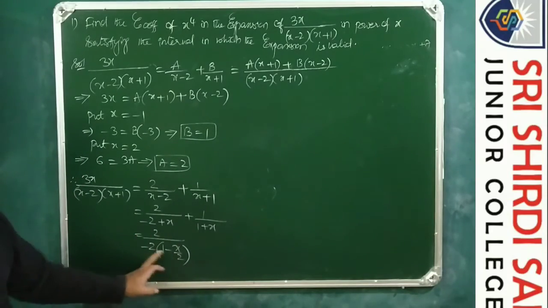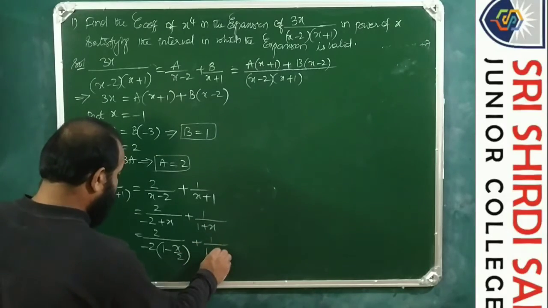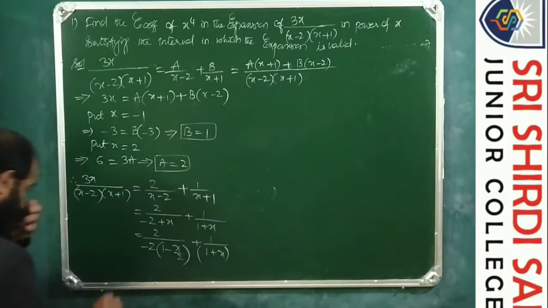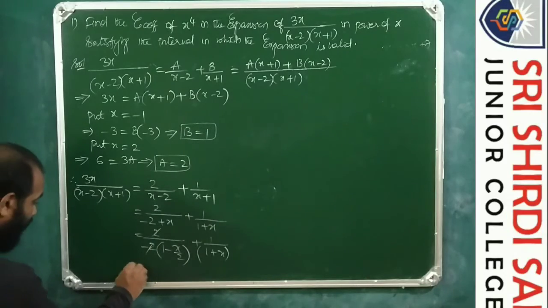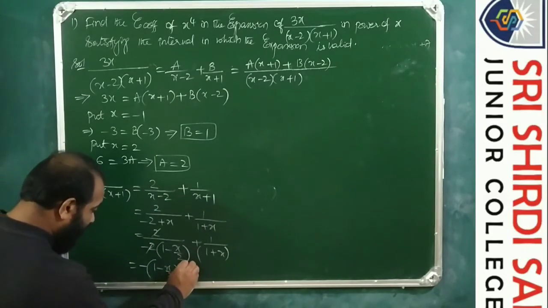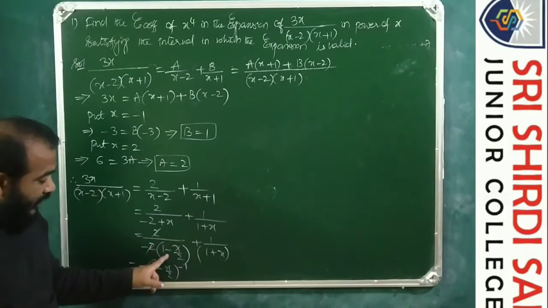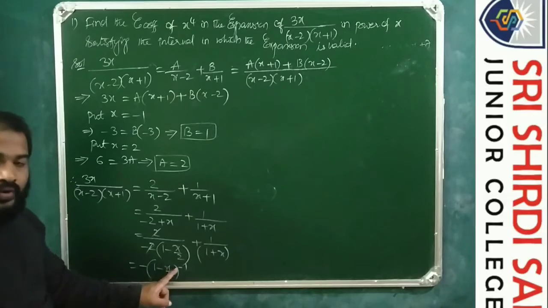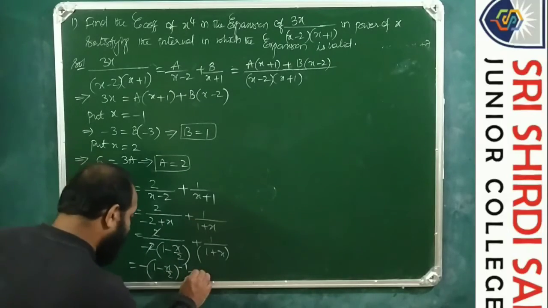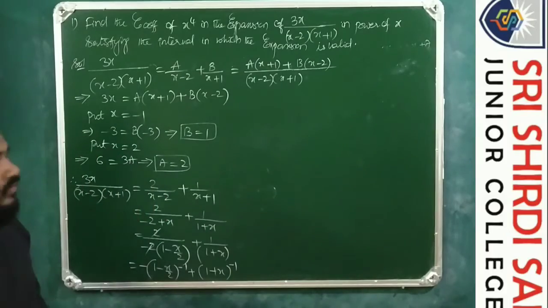Minus 2 gets cancelled. So this is 1 by 1 plus x. This is equals to minus 1 minus x by 2 whole power minus 1, plus 1 plus x whole power minus 1.